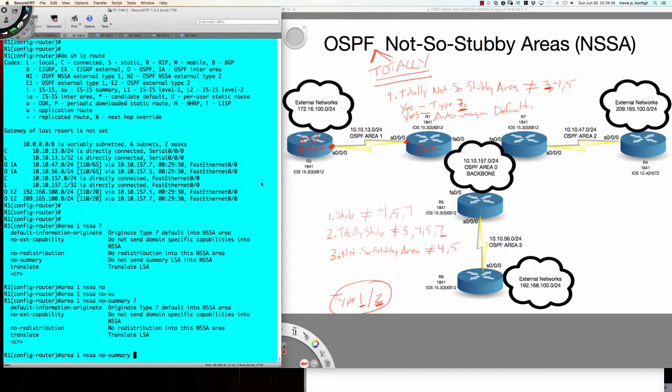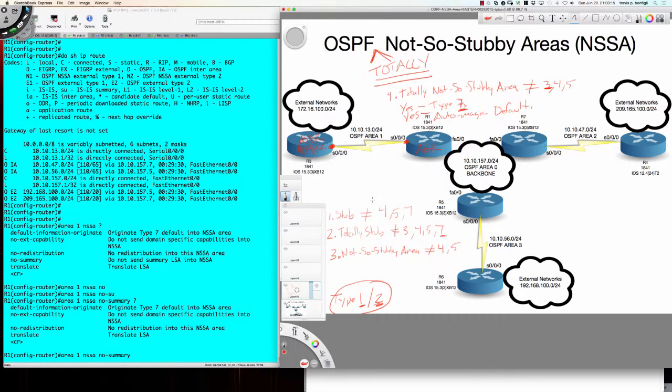So I put the no-summary just like we did with the totally stub, and you put it on the ABR because it's the ABR who's going to be responsible for making sure that type 3 LSAs, and remember, that was the difference between the stub and the totally stub, what LSA got added in as being not injected. It was the type 3.